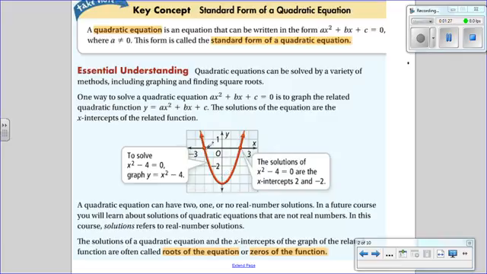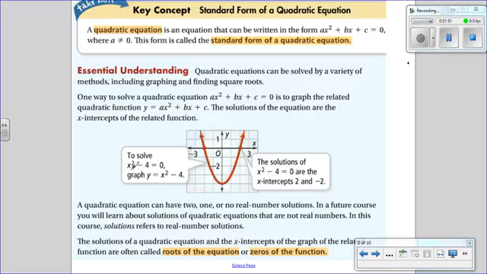So for this one, it is at -2 and at +2. Our equation is x squared minus 4 equals 0. So what we're wondering is, what numbers could you plug in for x where this would be true? That's what we mean by solving it, or finding the solutions. You can't just plug any number in here.